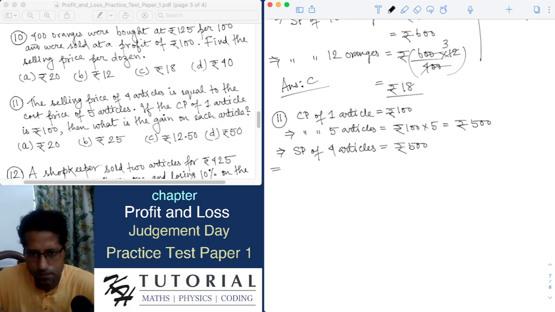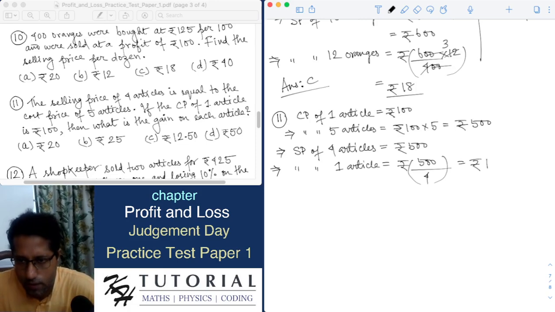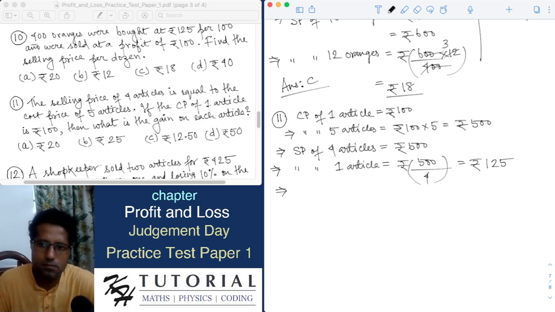So this implies selling price of 1 article is equal to, using unitary method, rupees 500 by 4. This is 125. So selling price of 1 article is rupees 125 and cost price of 1 article is 100.